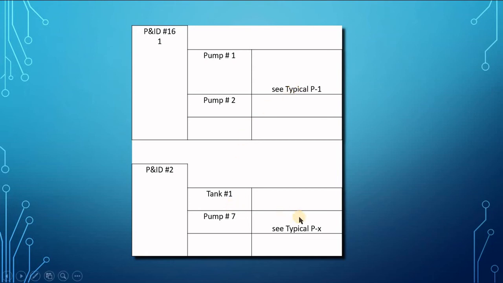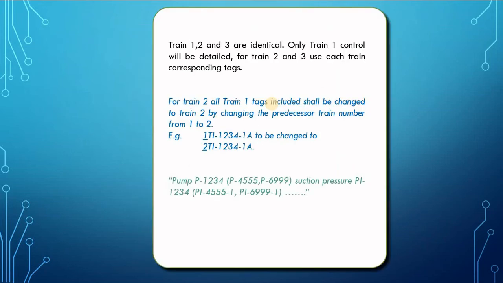And for 7 you go to something else, but pump 2 you explain it because it's one of a kind. You don't have to create a typical for it and then go there and come back again. So it is based again on what's easier for you, what's easier for the programmer and for the guy who reads and uses this document later on.